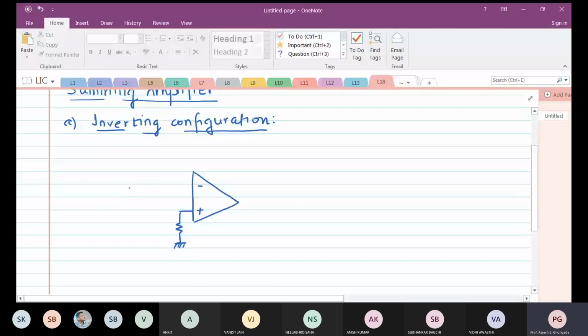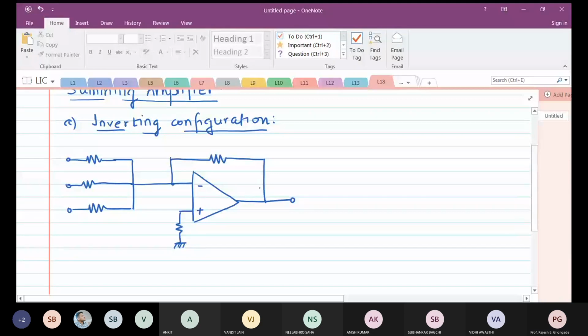So this is going to be your V out. If you mark here the first input, the second input, and the third input.